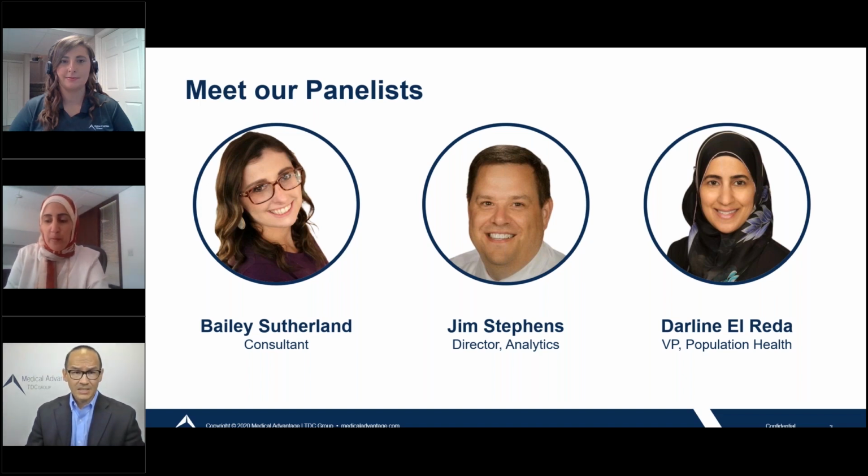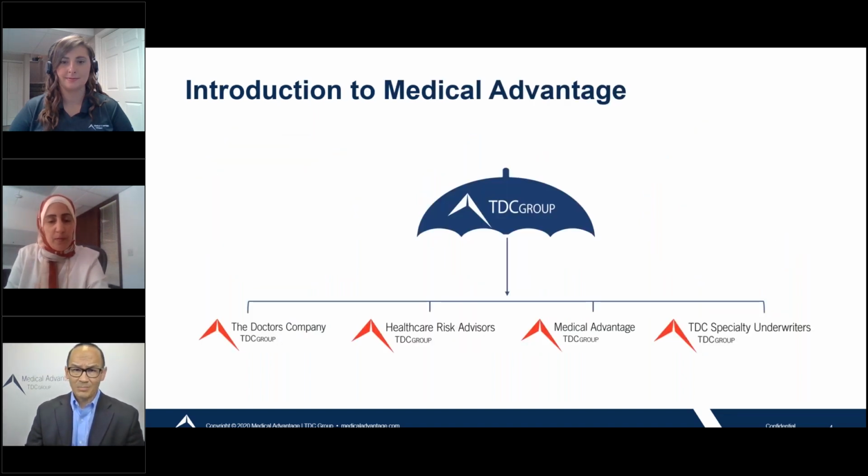Before we get into the content, before we go to Bailey, let me do a quick introduction of Medical Advantage. We're a part of the Doctors Company. We fit under the umbrella of the TDC Group. The Doctors Company is the largest physician-owned medical malpractice insurer in the country. We have roughly 100,000 physicians insured nationwide with over $6 billion in assets.